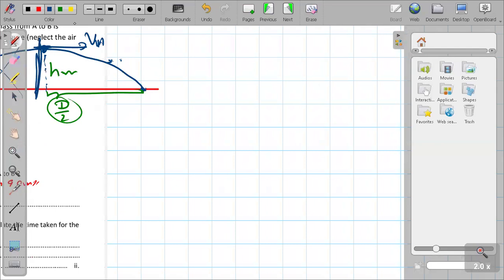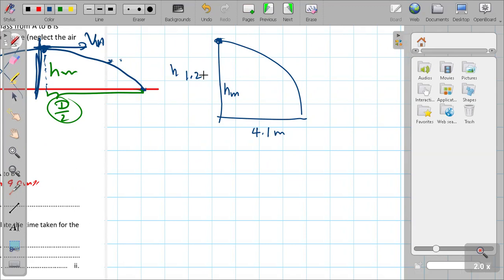Let me consider that part only. This is the peak, maximum height he is there. He will make a motion of 4.1 meter. But the total height here is 1.25. What about the downward motion at that moment?